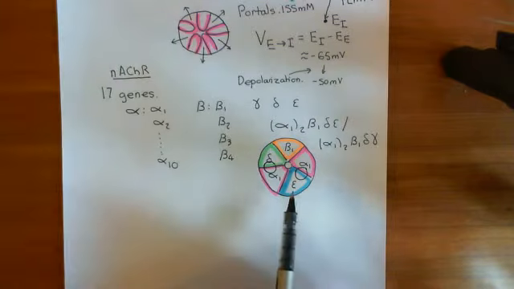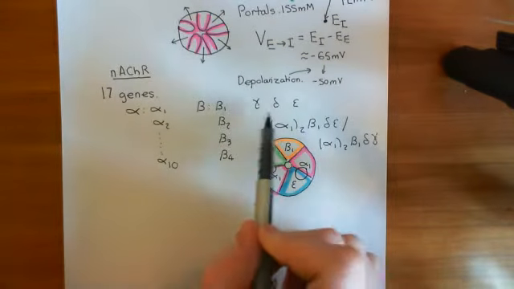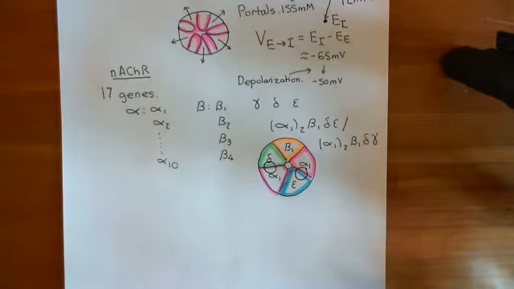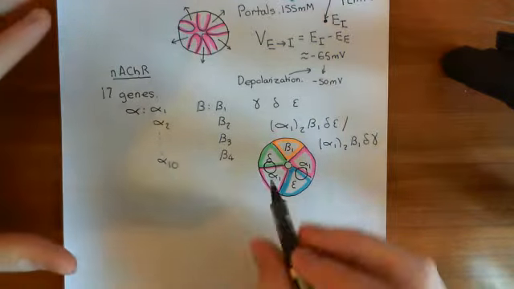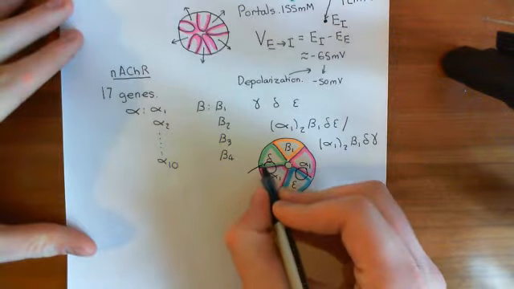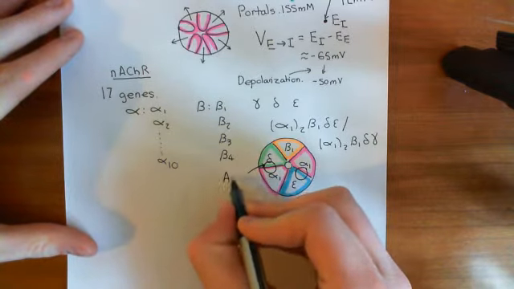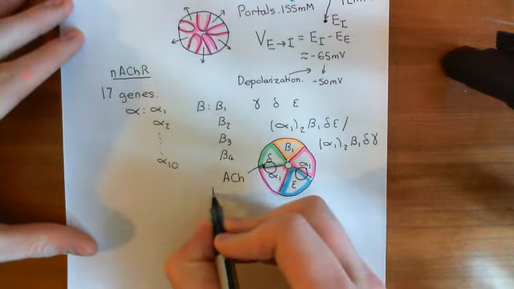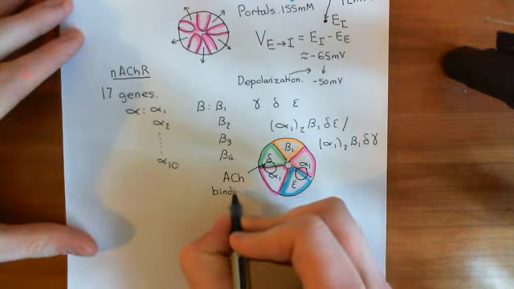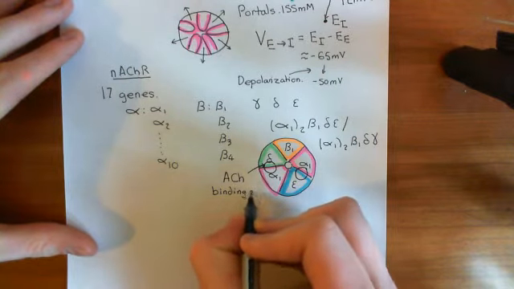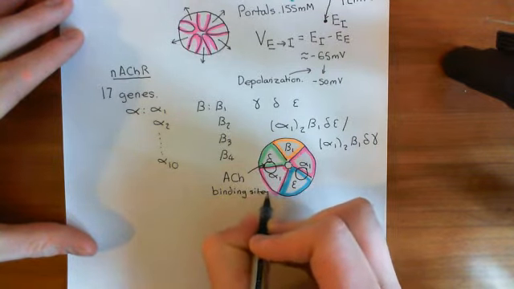So basically you just take this epsilon out and replace it with a gamma subunit, and then you have the fetal neuromuscular junction nicotinic acetylcholine receptor. So you have these 2 acetylcholine, ACH for short, binding sites. And we'll study the structure of this in a bit more detail in a moment.